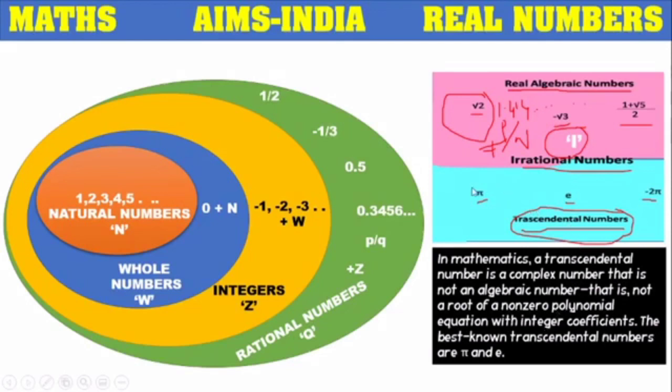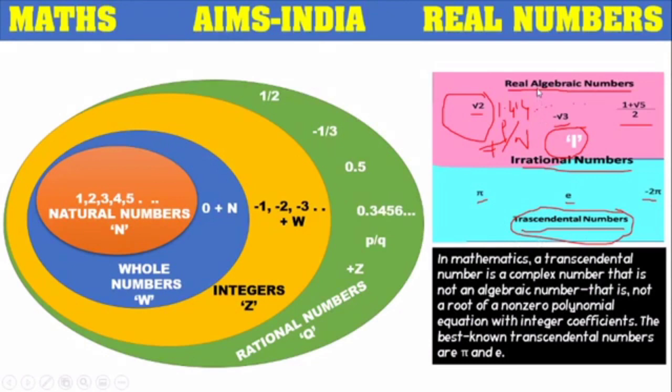So this π will never be the solution of any algebraic equation. It won't be the root of any equation. So those kinds of numbers are known as transcendental numbers.